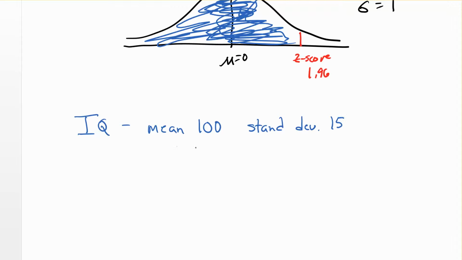So instead of having a mean of 0 and a standard deviation of 1, in a real problem, an application problem, we have a mean that would be some kind of a value and a standard deviation of some value that generally aren't 0 and 1. So what we have to do in this section is convert everything into standard normal so that we can look at standard z-scores.